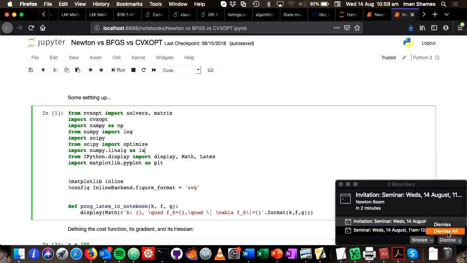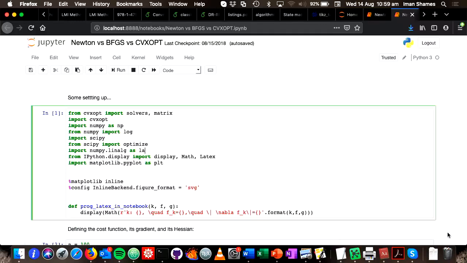So what I'm going to do is solve some problems using BFGS, a Newton method, and some off-the-shelf solver. The off-the-shelf solver is written by very smart people, but it's written as a general solver. Okay, now let's see some stuff.